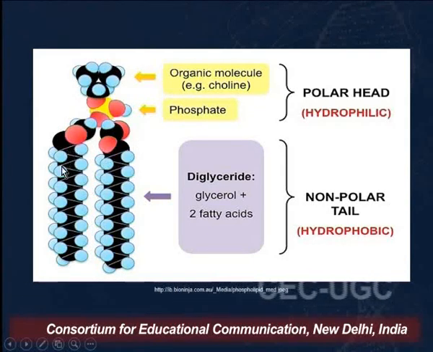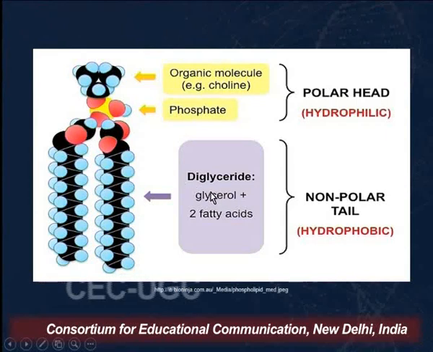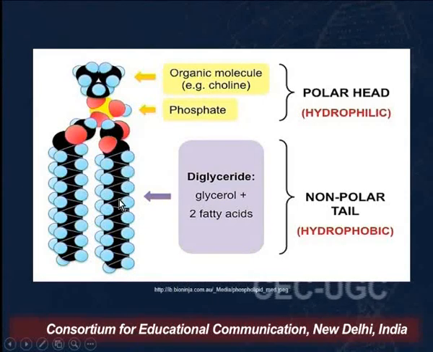Whereas when we look at the long hydrocarbon chain of the fatty acid, we find that this is non-polar. And these are the diglycerides. Why are they diglycerides? Because here the two hydroxyl groups of glycerol are making esters with two fatty acids, and these fatty acids may be the same or they may be different.